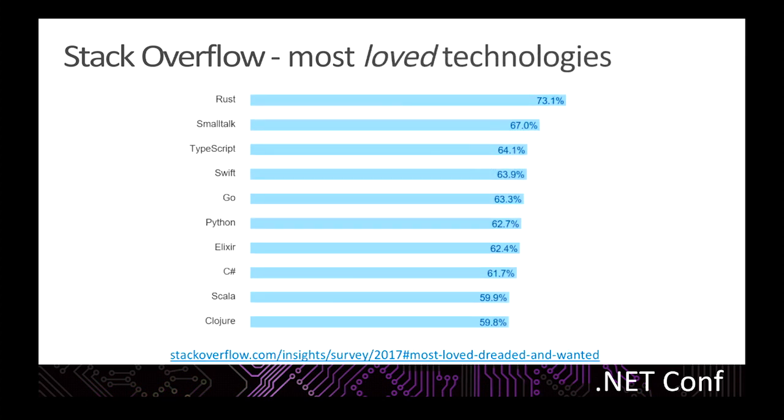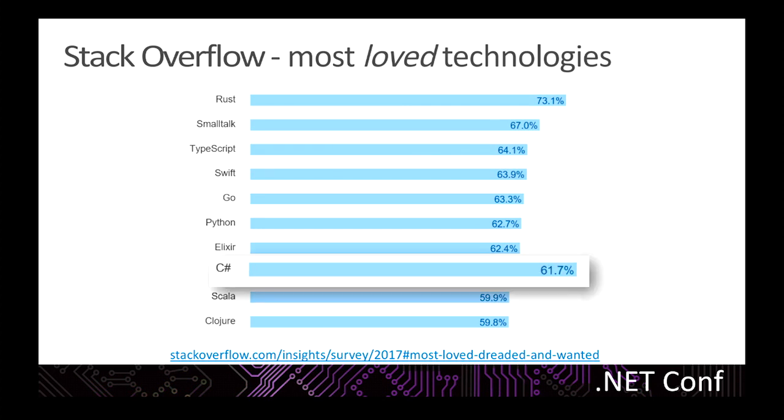On this next slide, from the same survey, this is their most loved technologies. And again, C# is on that list. A fair number of people who do work with the language really like working with it. And what that gives us is a community of people who really like the language and a large community. C# is one of only two languages that are on both of those lists.